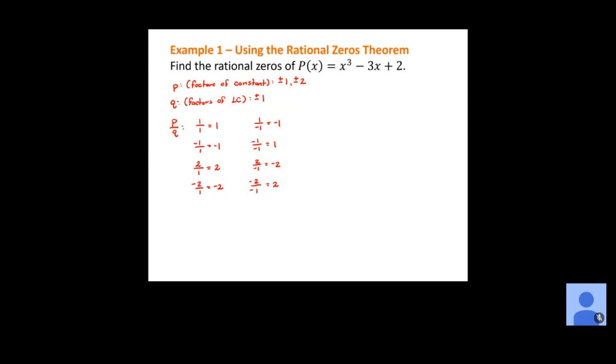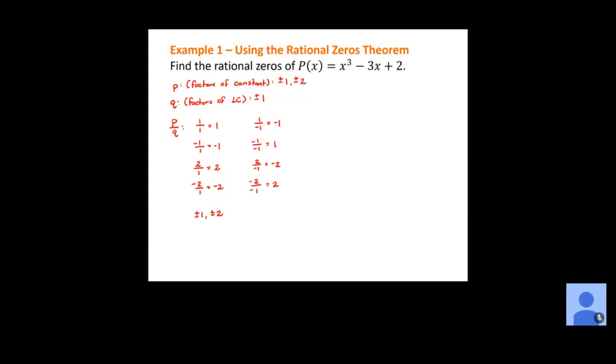But looking at our list now, what are the actual only values that we get? Yeah, positive and -1 and positive and -2. So our list here is really just ±1 and ±2.